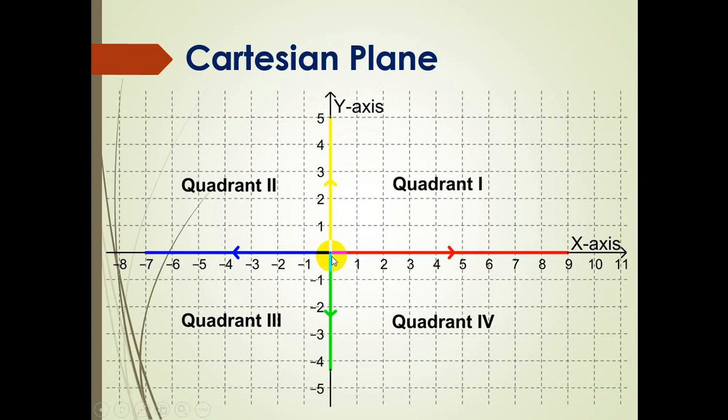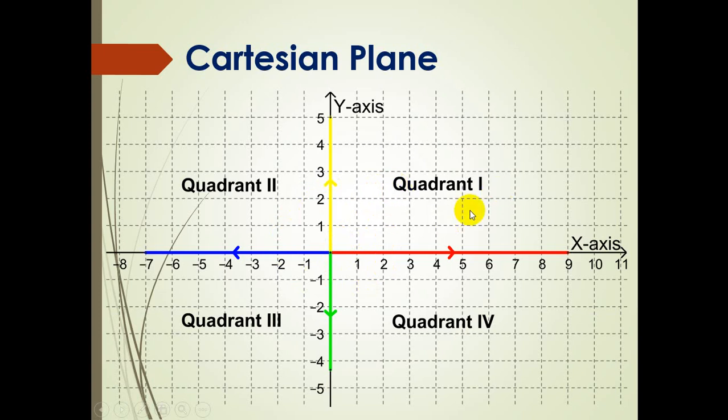This is what we call the origin, or center point (0, 0), and both lines intersect perpendicularly and divide the plane into four equal regions.